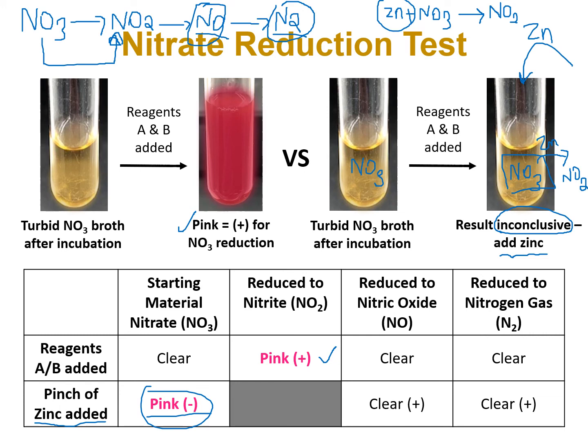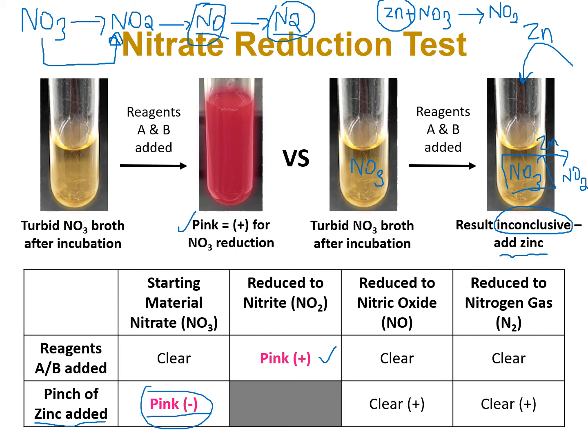How can I prove that my nitrate was still in the broth and that my bacteria did not reduce it? By adding zinc. If after you've added zinc, you get the pink color, that means that your bacteria was not capable of reducing nitrate. So do you see how important it is to figure out when you got this pink color?